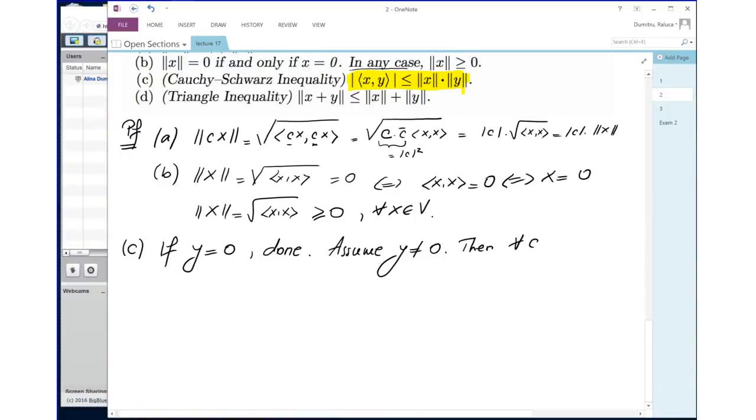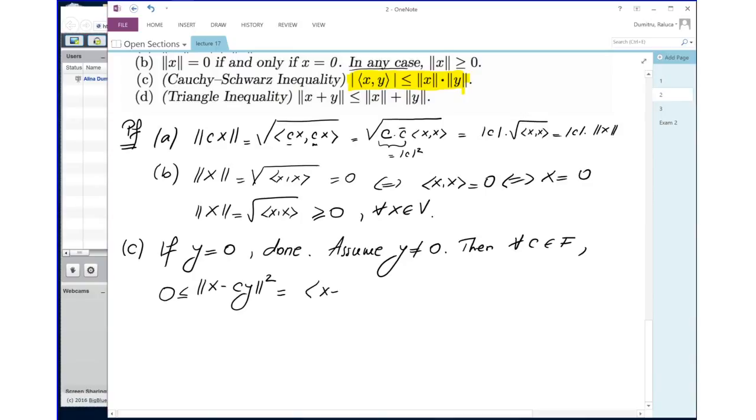And it starts very unnaturally, let's say, by noting that for every scalar c in F, the norm of x minus cy squared is a number that is greater than or equal to 0, which of course it is, right? But now they develop on this.